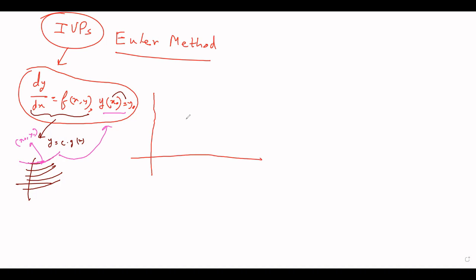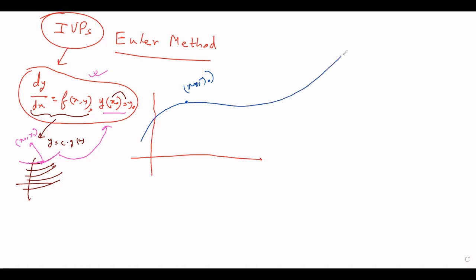Now, say for example, we are given this IVP, which means at least we know one point, x naught comma y naught, through which our final solution curve will pass. Say this is the final solution.